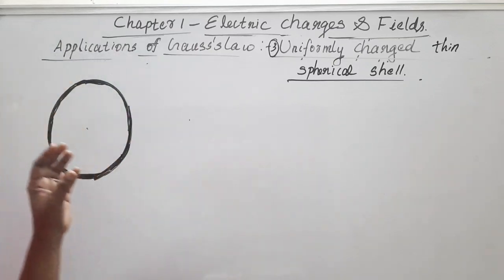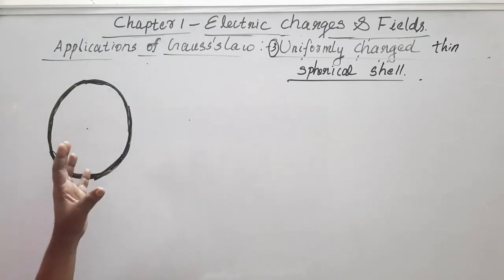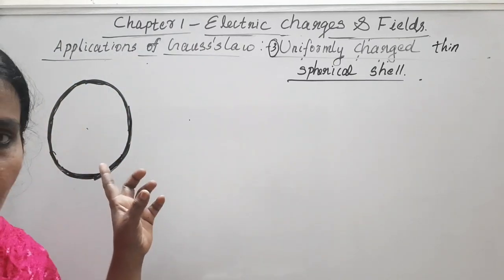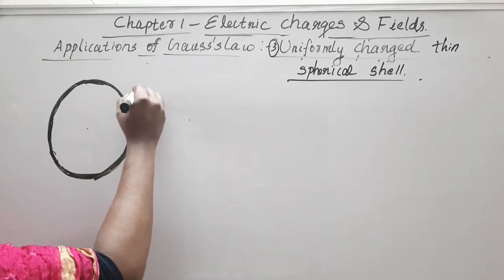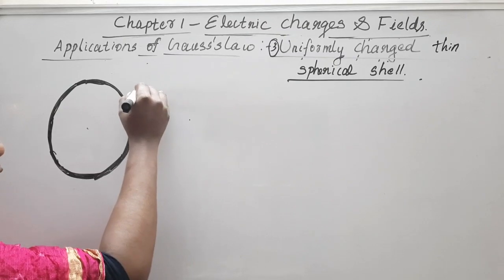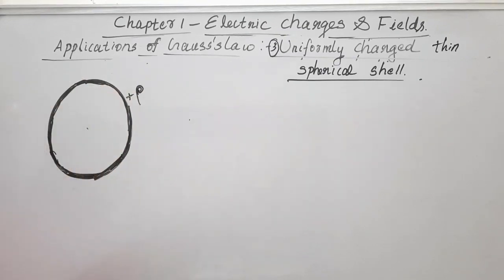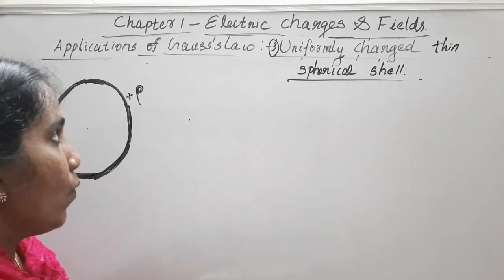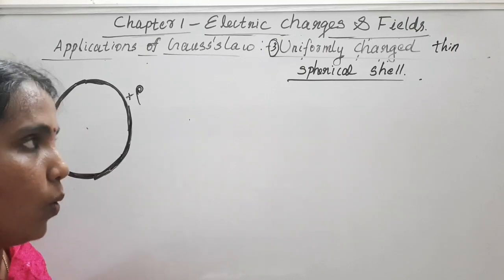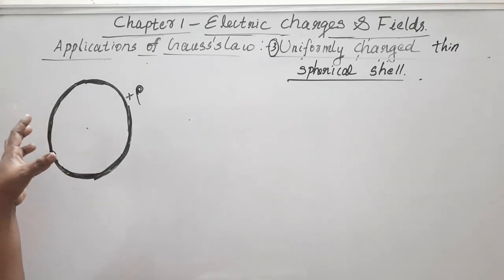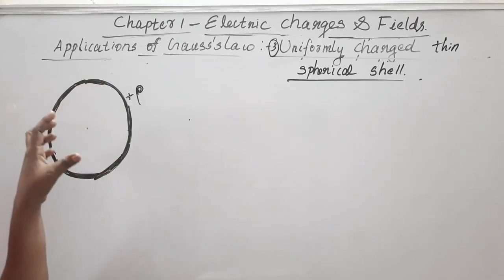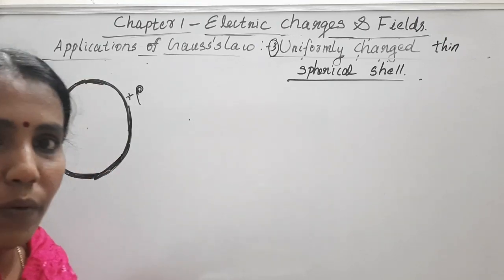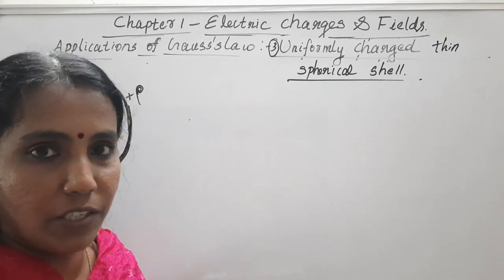See, it is a spherical shell. So surely the field due to this charged spherical shell, we speak in terms of rho, because we have to discuss volume charge density, which is rho. In terms of that rho, we need to get the electric field, and since it is spherical in shape, the electric field also will have spherical symmetry.